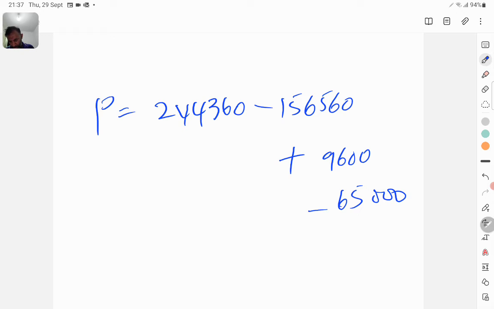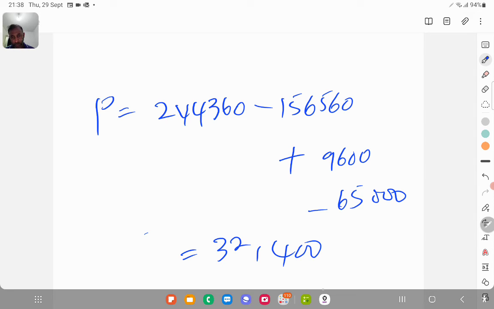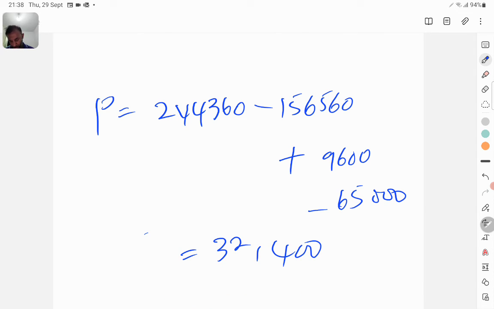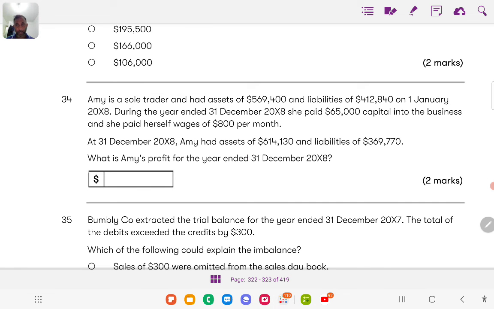Let me calculate. 244,360 minus 156,560 plus 9,600 minus 65,000. 32,400. Answer is 32,400. And that 32,400 is your answer for this question. So in this box you need to type 32,400.